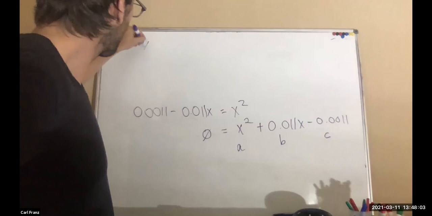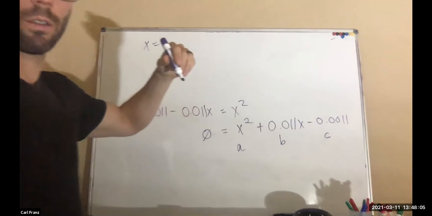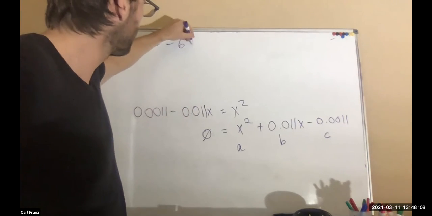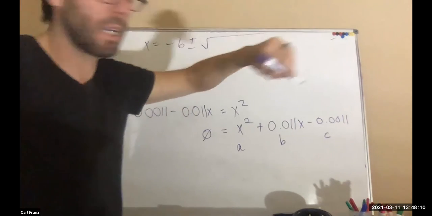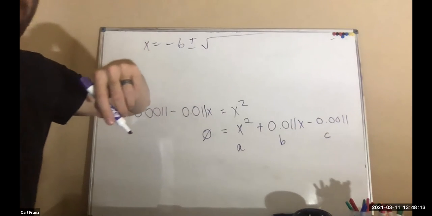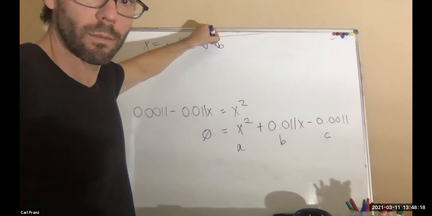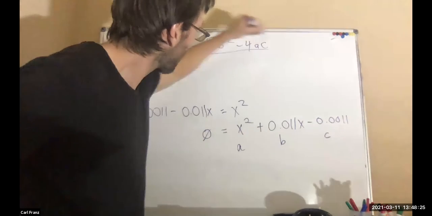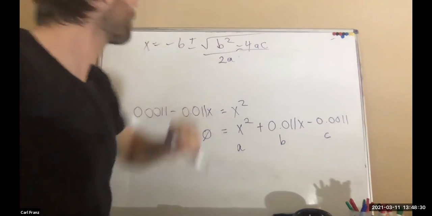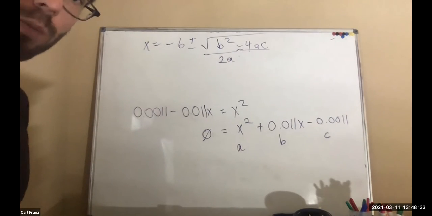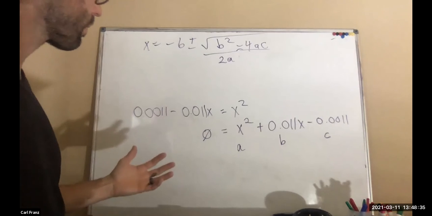Okay, gotcha. So we get x is equal to, what's the quadratic equation? Negative b plus or minus the square root of what? Anybody remember? You guys taking math? B squared minus 4ac, over 2a. Yeah, that's it. Good. Okay. So then we just plug in our values.